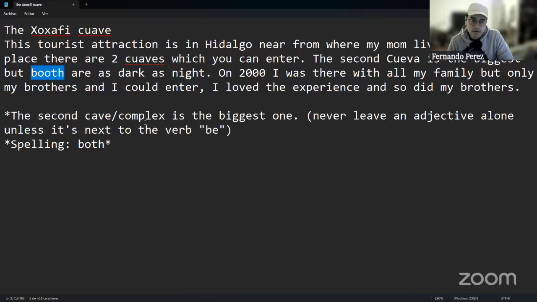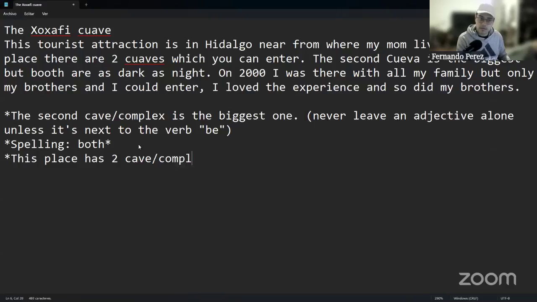Instead of saying in this place there are, I would use the verb have or has. This place has two cave complexes. But in this place there are is not incorrect, so this would be like an optional feedback.